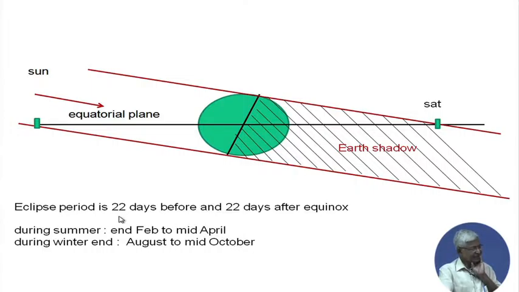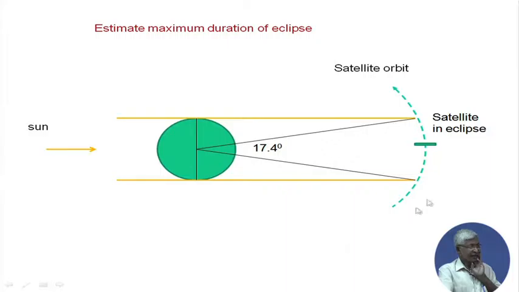It has been seen that this eclipse period, the Earth's shadow falling on the satellite, is 22 days before and 22 days after equinox, roughly. These are all rough numbers, and it happens end of February to mid-April, and in the other direction a similar thing will happen, August to mid-October roughly. And at the middle of the time, the Earth's shadow is fully covering the satellite at the middle of the night.